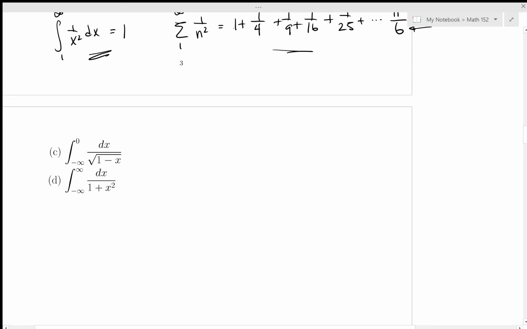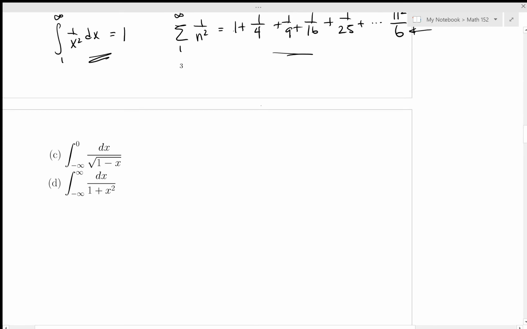We will actually show this in gory detail, but I'm going to state it as a fact right now. The integral from 1 to infinity of 1 over x to the p dx, where p is a number, is convergent if p is greater than 1. We'll go through that and show that to be the case, but that is an important fact.